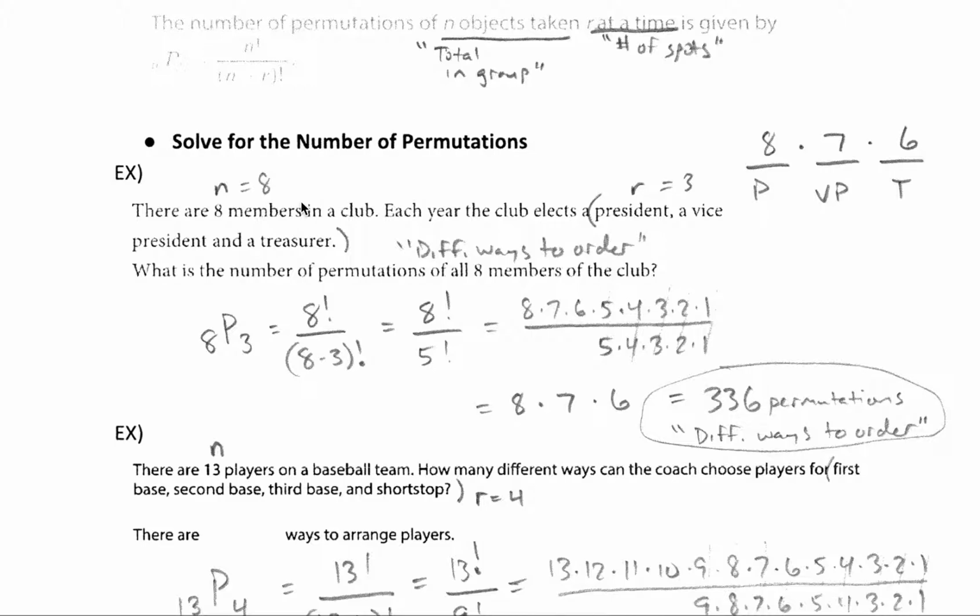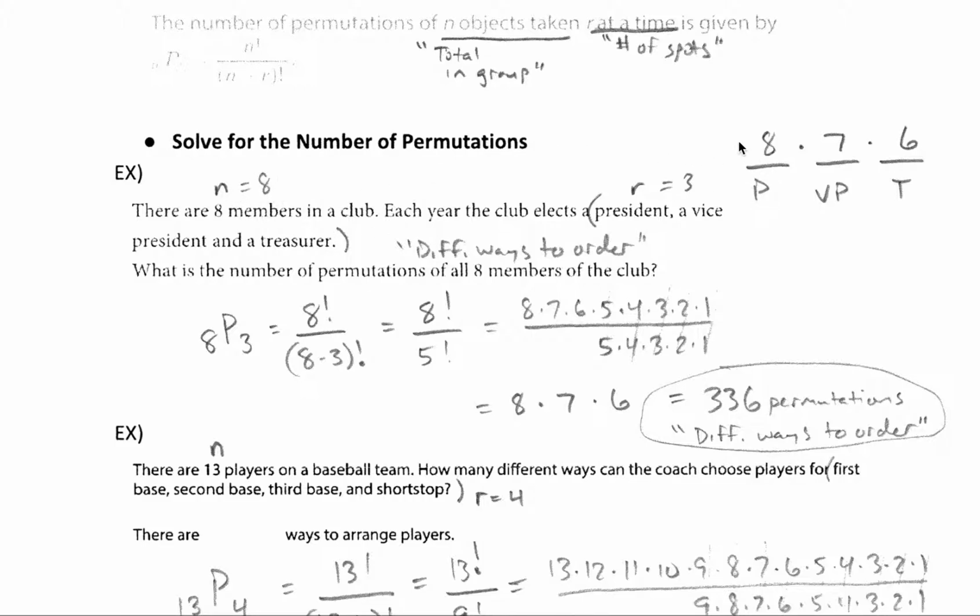In this example, we have 8 members in a club, and we're trying to elect 3 positions: a president, a vice president, and a treasurer. So we got 8 total people, and we're trying to put them in 3 spots. Without even using the formula, we could think about this conceptually. I know I'm trying to fill 3 spots. To choose a president, I have 8 different people to choose from.